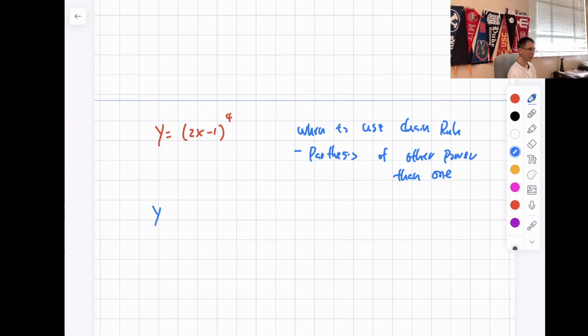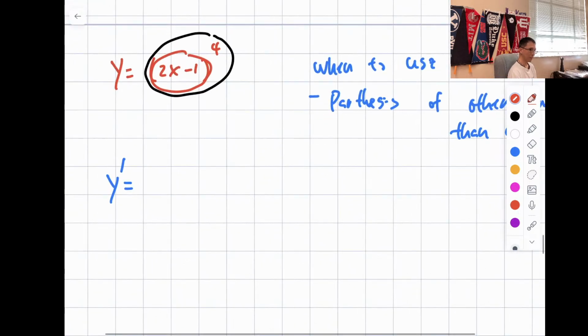So what I'm going to do is take a derivative of this. There are 2 layers. First layer is there. Second layer is here. Find the derivative of this thing. So I color code this for you.